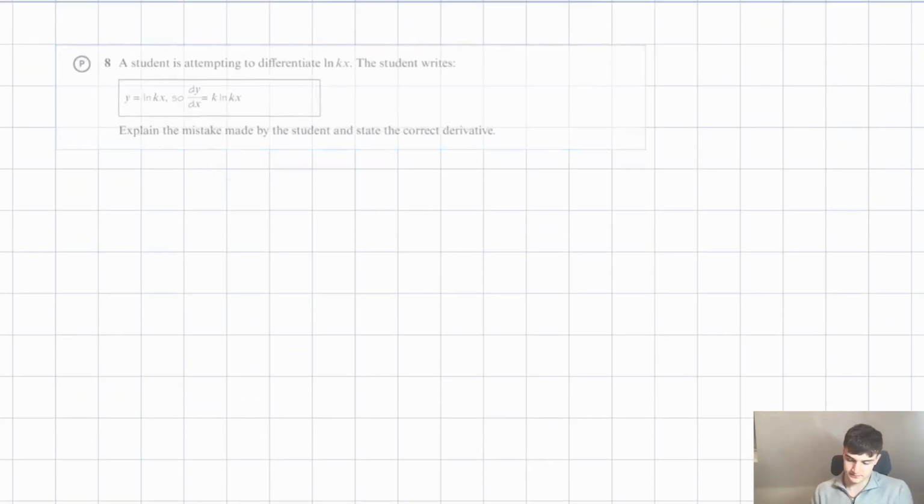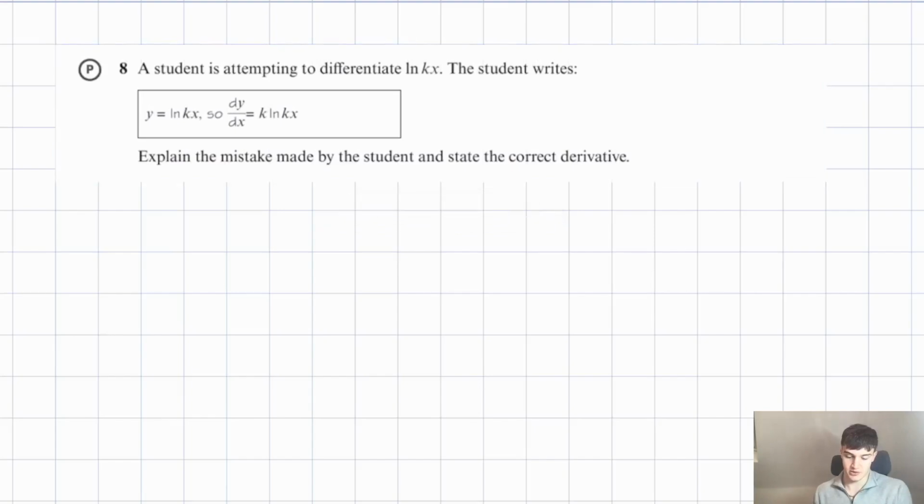So this one should be pretty straightforward. All we've got to do is explain where the student is going wrong. They're trying to differentiate ln kx. The student writes y equals ln of kx, so dy by dx equals k natural log of kx.